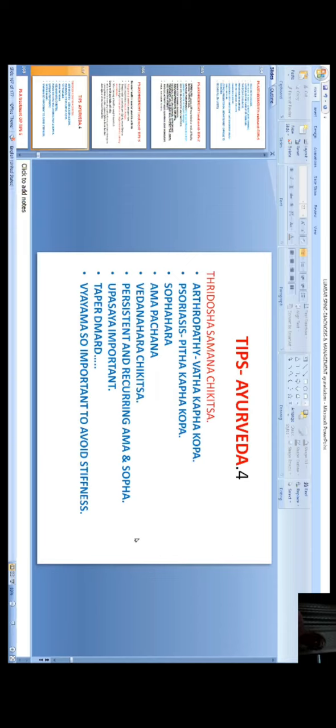Then Ayurveda: Tridosha Shamana Chikitsa. Arthropathy, Vata Kapha Chikitsa; psoriasis, Pitta Kapha Chikitsa; Shothahara Chikitsa, because Shotha is a major feature. Amapachana Chikitsa, Vedana Hara Chikitsa. For persistent and recurring Ama Shotha, Upashaya is important. Sometimes after Rukshana, when we are going to Taila Prayoga, we can see the joint pain and inflammation coming back.